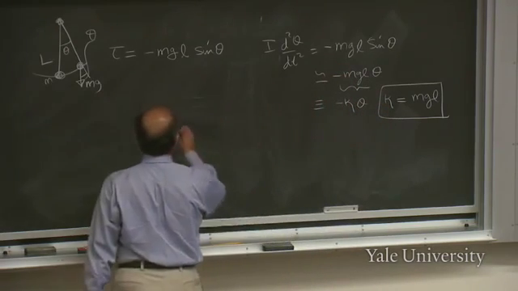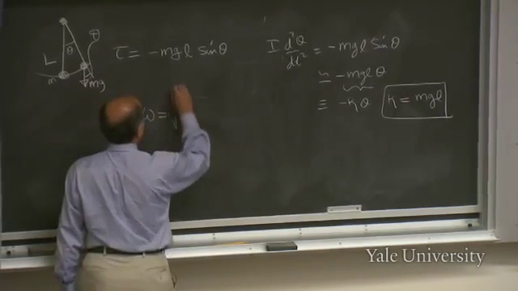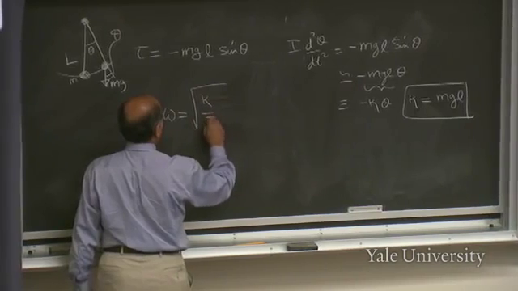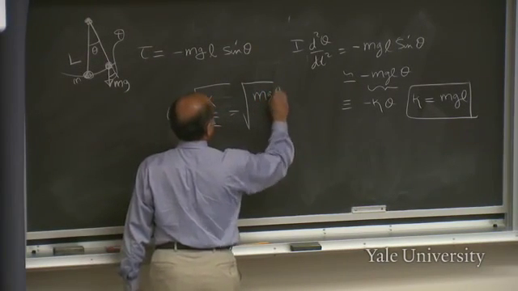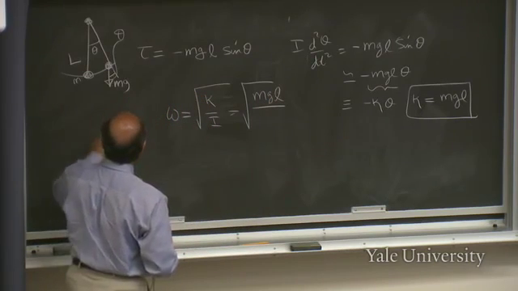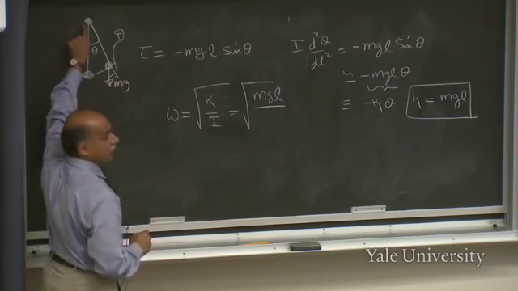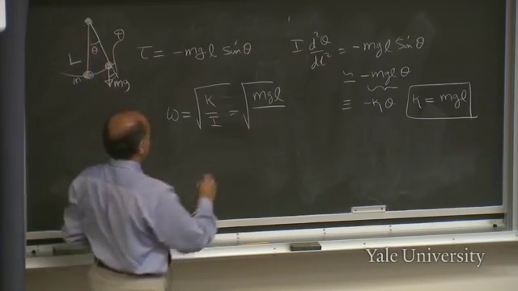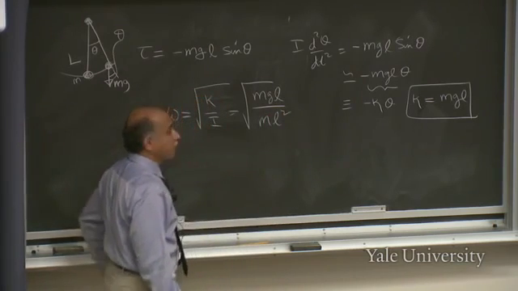So let's now calculate omega for the simple pendulum. I've shown you this is kappa over I, and kappa was what? mgl, and what's I? It's equal to the moment of inertia of this mass around this point. The rod is massless. For a single point mass, we know the moment of inertia is just m times L squared.